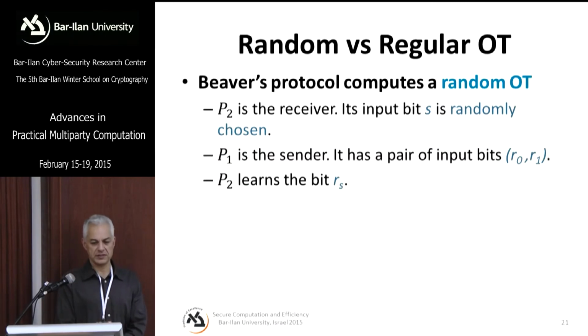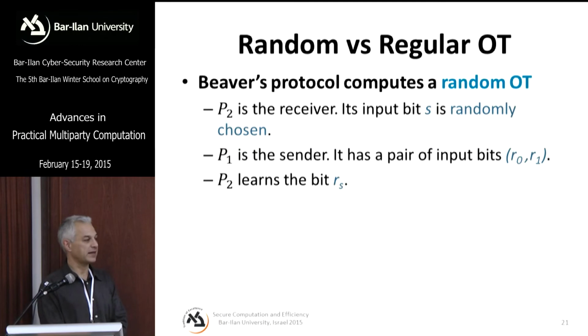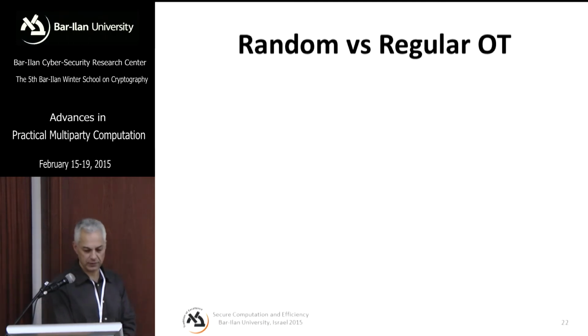So P2's input bit S for each oblivious transfer, which will be different for each one, is randomly chosen. For each oblivious transfer, the sender has a pair of inputs, say R0 and R1, and P2 learns a random bit RS, but he cannot control which bit he is going to learn.